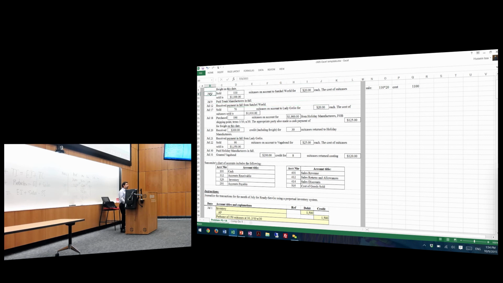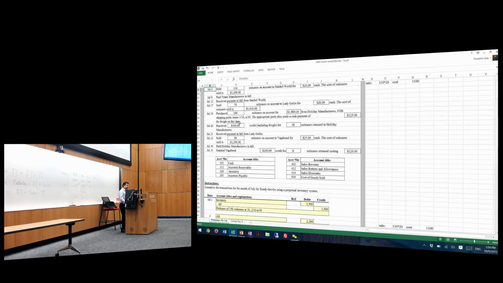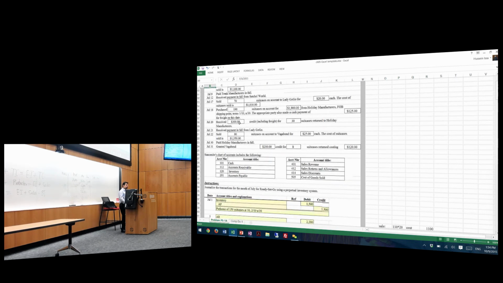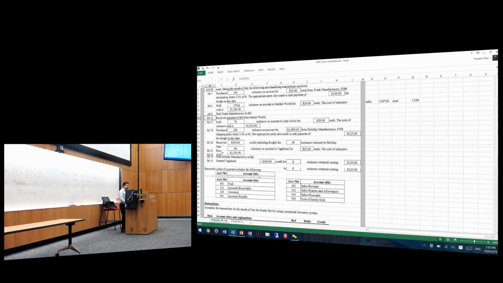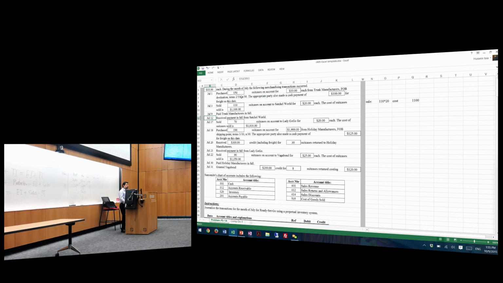You have to look at it and see if the buyer is going to receive any discount. Are they going to receive a discount? Look at it. The sale was made on July 3rd. The customer paid on July 12th. Then yes. Why? Because the terms are 2/10, net 30 for all the sales.